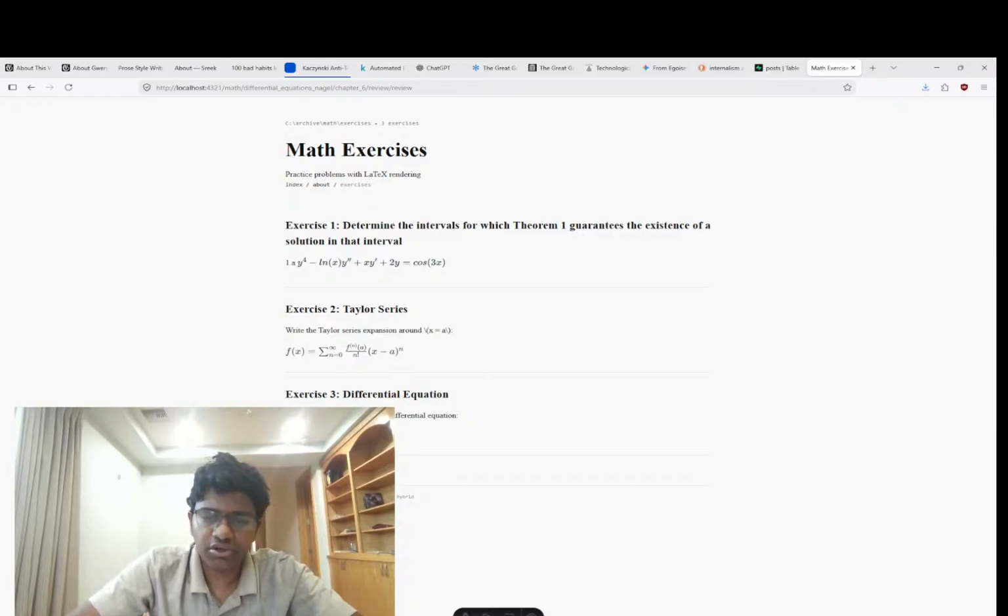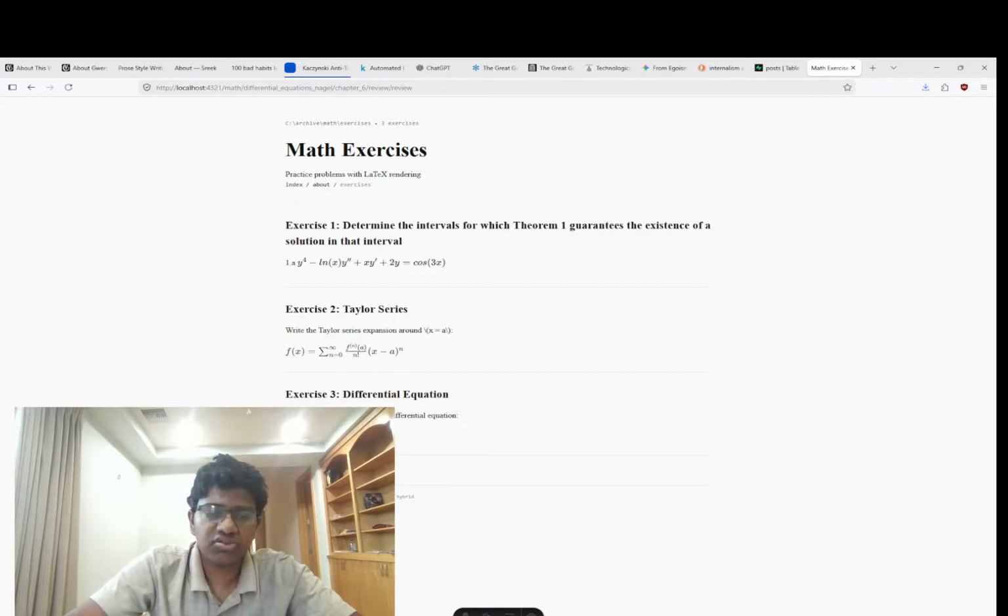It'll take a second for it to update because this is probably not the most efficient way to be doing this, but I could also have it auto compile later, but it's fine. I think this is a fine way of doing it for now. Since ln of x exists... I'll just do ln of x.